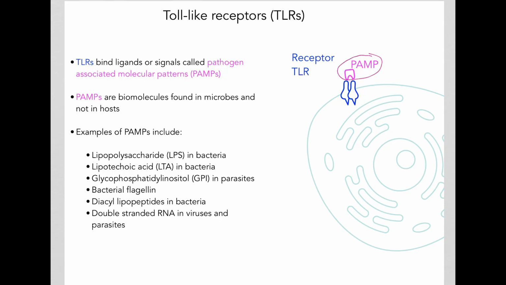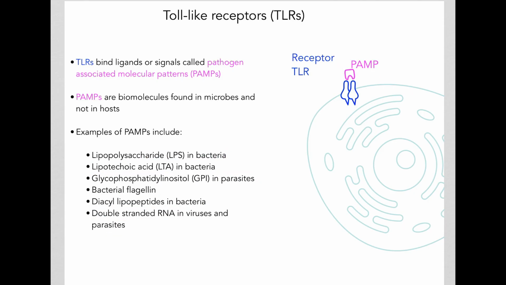Examples of PAMPs include lipopolysaccharide or LPS that is found in bacteria, lipoteichoic acid or LTA also found in some bacteria, glycosylphosphatidylinositol, GPI, found in certain parasites, the bacterial flagellin protein, diacyl lipopeptides found in bacteria, and double-stranded RNA that is seen in some viruses as well as parasites.